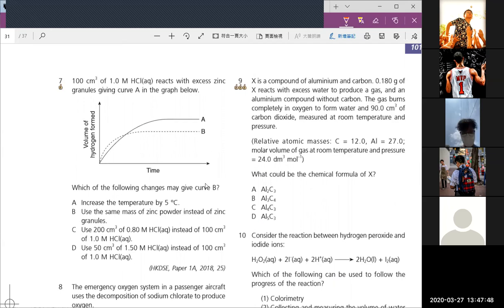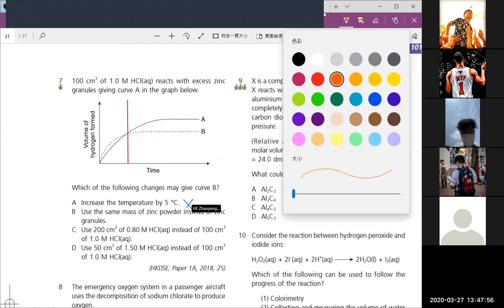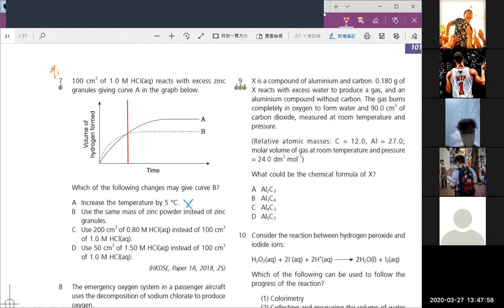A very, very authentic question, I must tell. Now, this question also appeared in Year 1, I forgot if it's 90 or 91, CE. A very similar question appeared.